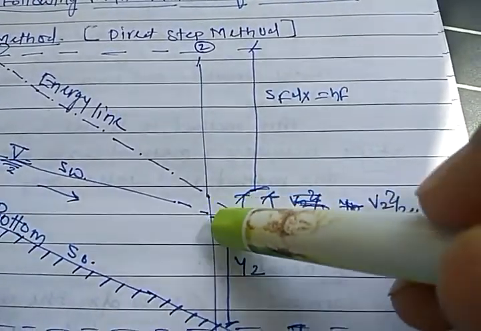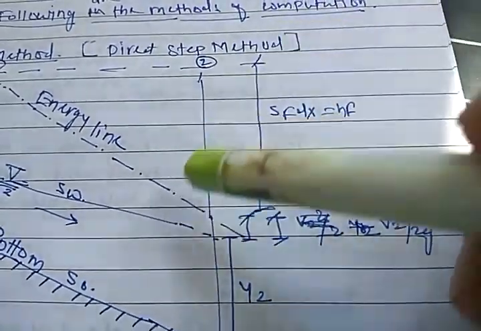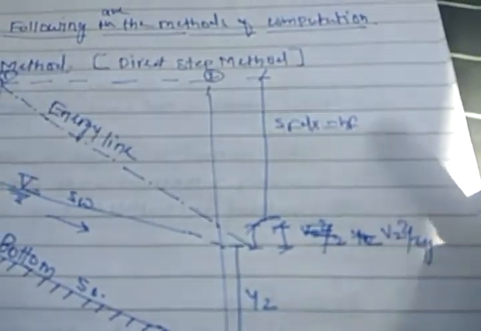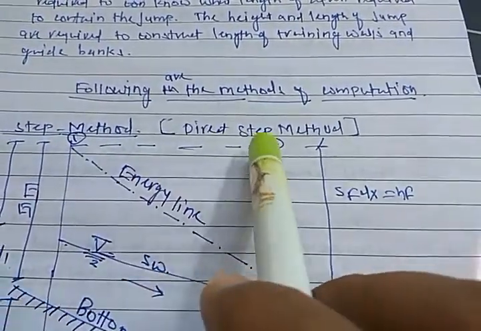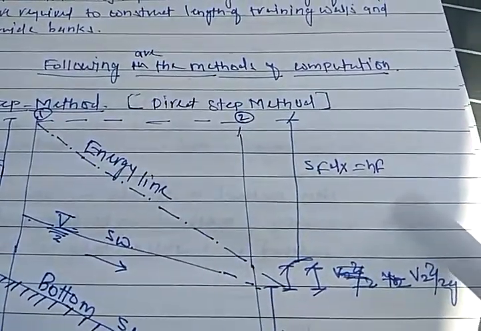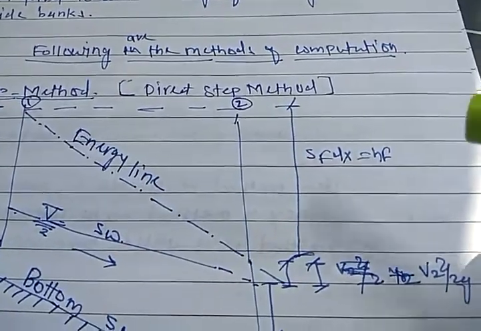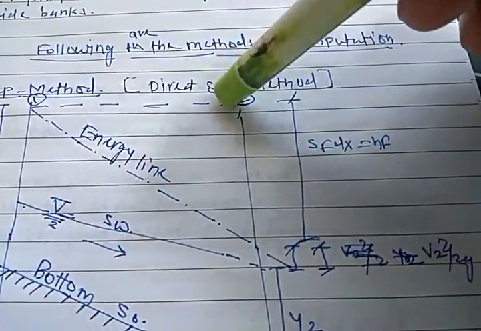This is v square by 2g, the distance between the top of water level and the energy line. This height represents head loss, hf; a horizontal line drawn from here, and where it intersects, this is nothing but hf or head loss. Now hf can be found out as SF into dx, SF being the slope of the energy line and dx this length.